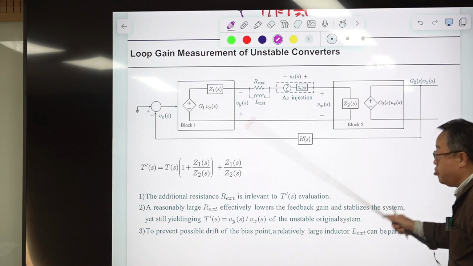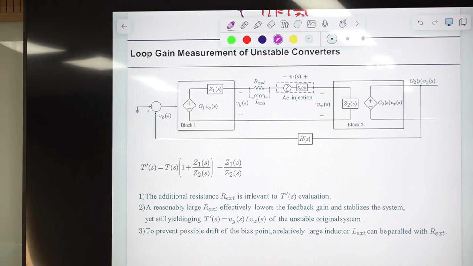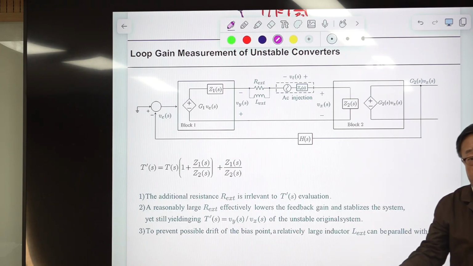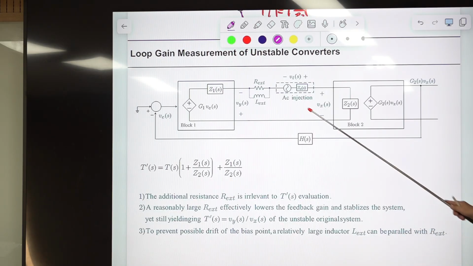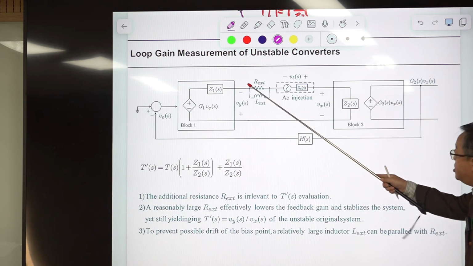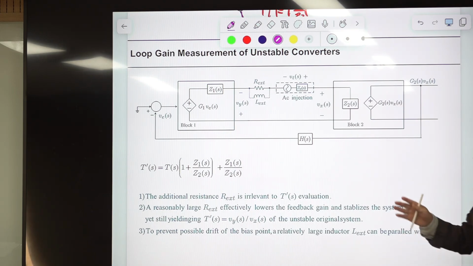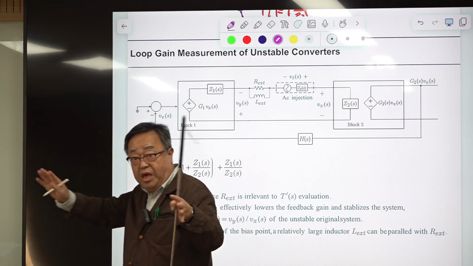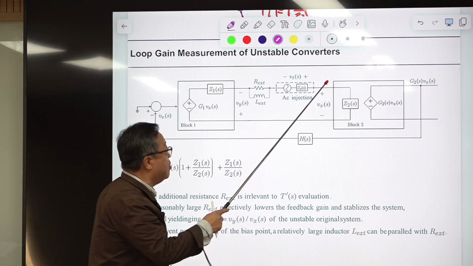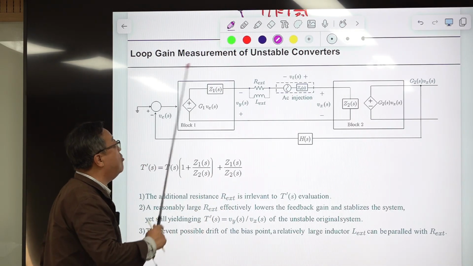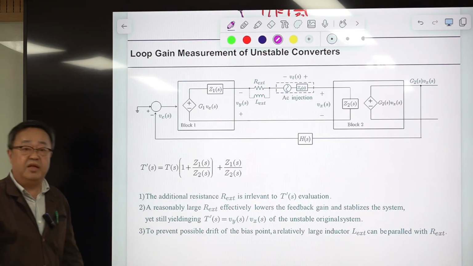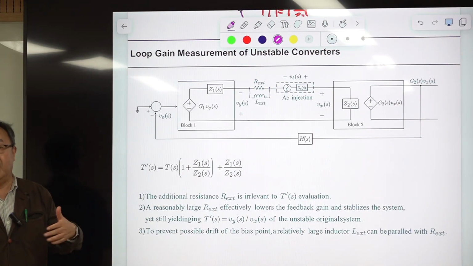The ratio between the two is the loop gain of the unstable original system, and the loop gain measurement result will say the system is unstable, because maybe the gain margin is positive, something like that. So we externally reduced the feedback gain using this resistance to stabilize this. Then we measure the characteristic between this and this, which is correct information about this unstable system, and the loop gain will say the system is unstable.